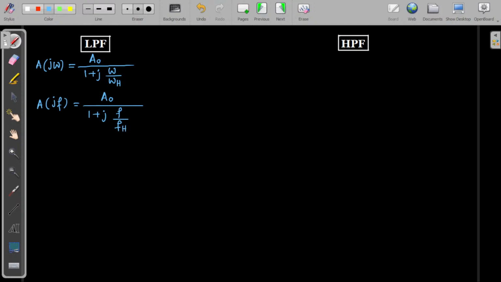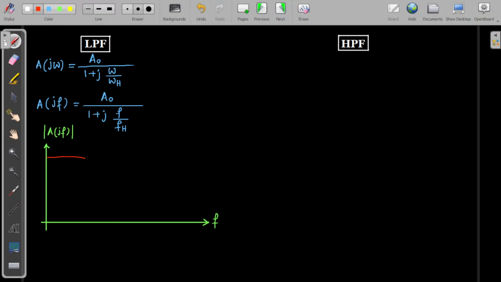Now suppose we want to draw the response of our low pass filter. All these things we have discussed in the previous classes of the offline course. So this is f, this is |A(jf)|, and the response will look like that. Low pass filter means it will pass the low frequencies.